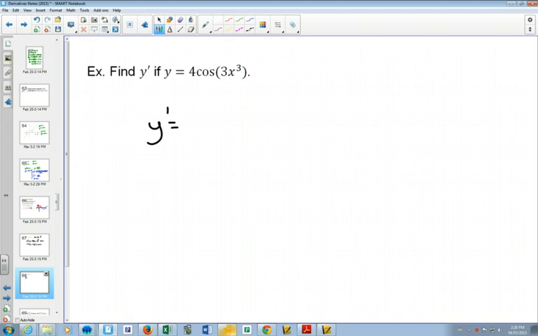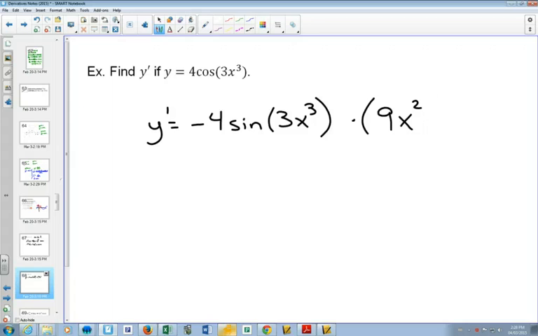So the first thing you would do is just the negative sine part. Nothing else changes. Okay? Now what's the derivative of the inside? The function inside was the 3x cubed. Derivative of the inside would be 9x squared.